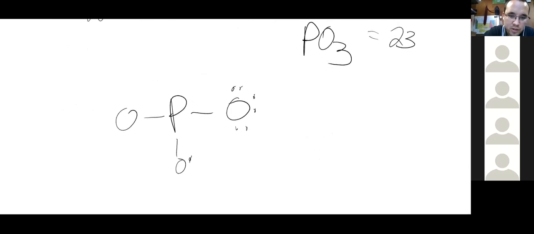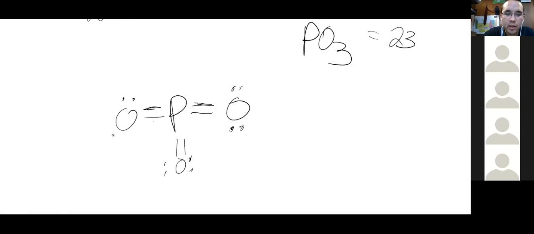Very good, 23 valence electrons. So you might end up with something that looks like this.